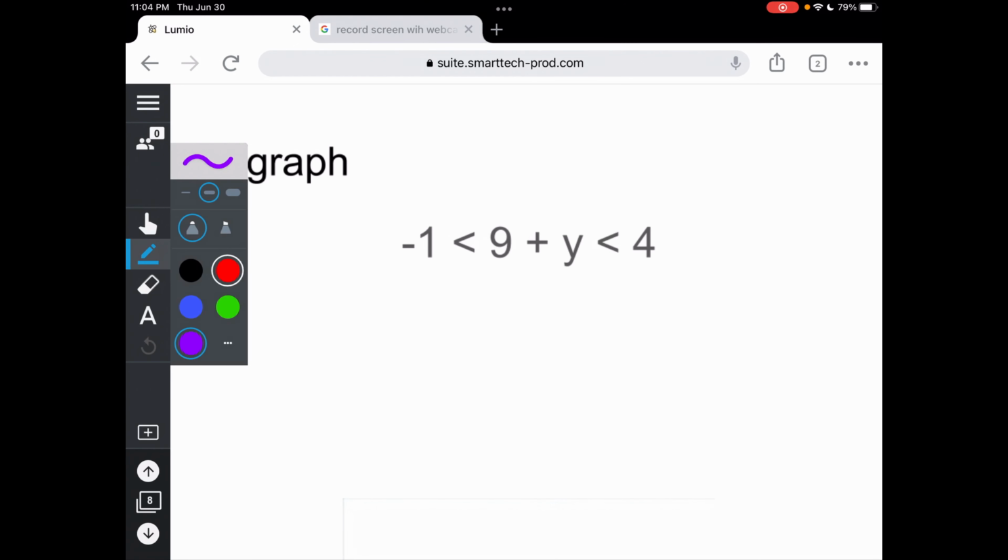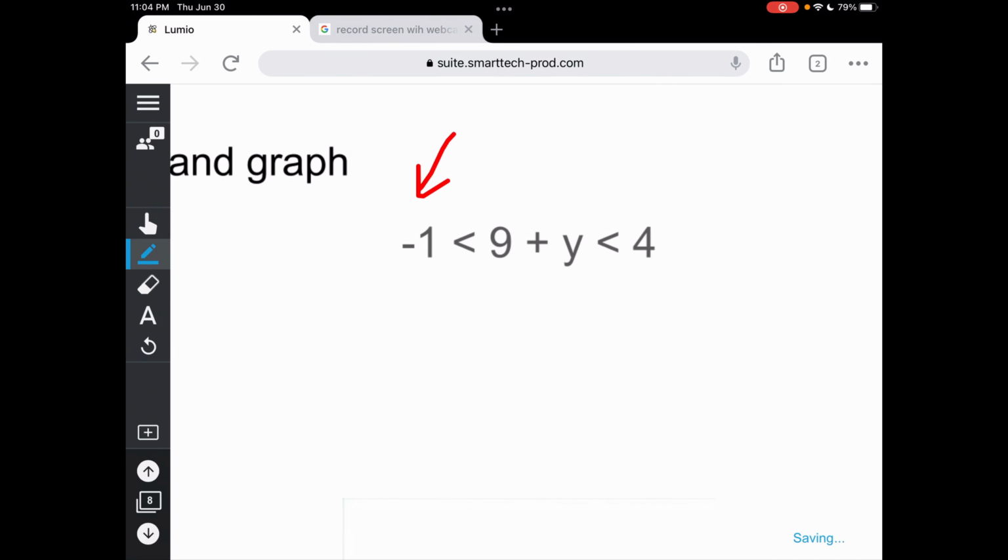What basically you're saying here is that -1 is smaller than blah, blah, blah, which is smaller than 4. In other words, -1 is in between blah, blah, blah, and 4. This is an and statement. So what I could do is split this up into 2 and statements, or I could just solve.